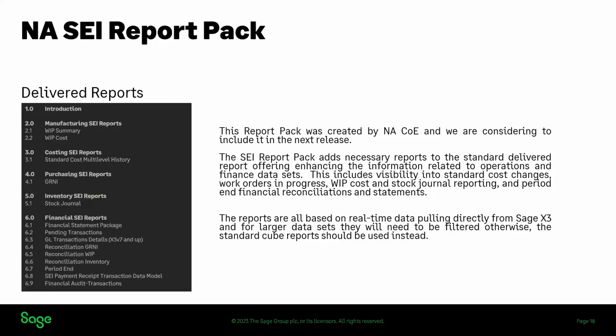And since they are great, I think that we are considering embedding them into the global EP, to be used by other countries. So there are part of these reports that are from SEI. So Jason, if you want to add some words on that, please.